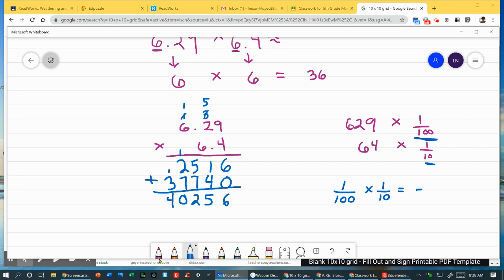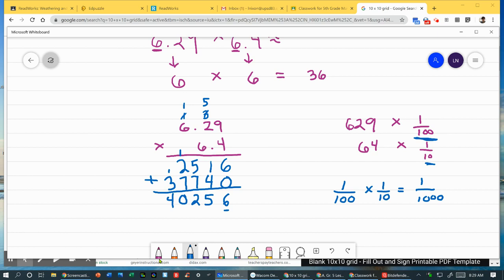That's right. Of course, we would be getting a certain number of thousandths. That means that the last digit here on our product has to end in the thousandths column. So take a moment to place your decimal so that the last digit of this product ends in the thousandths column.